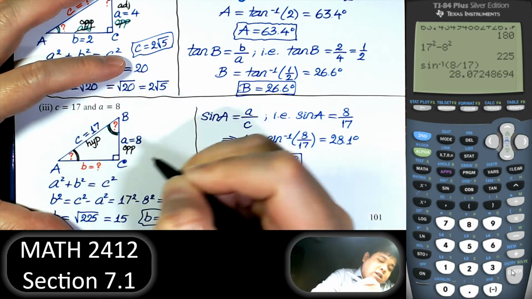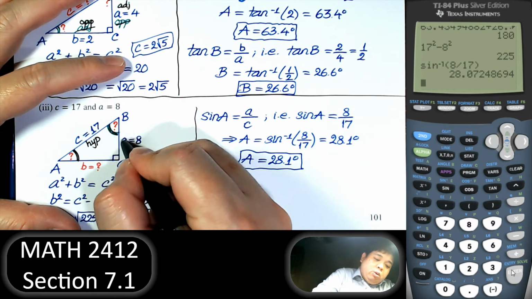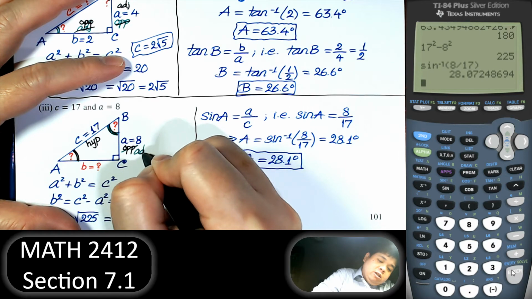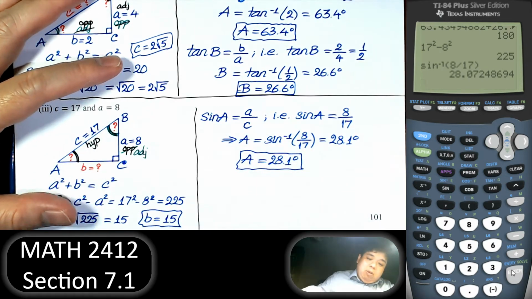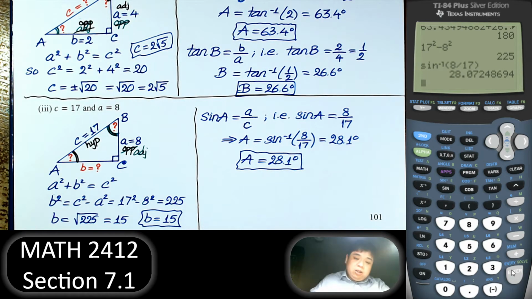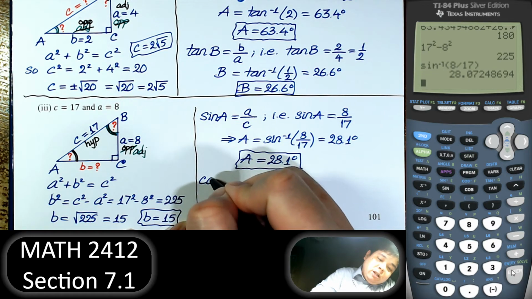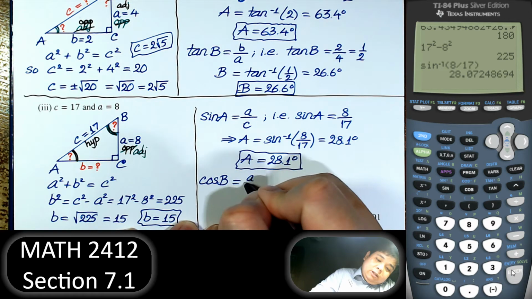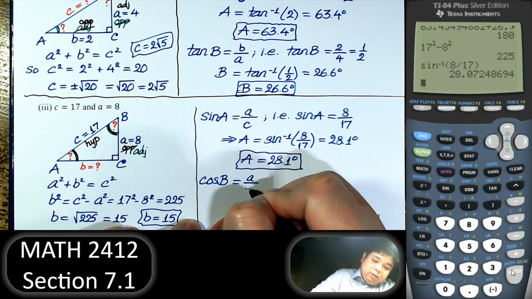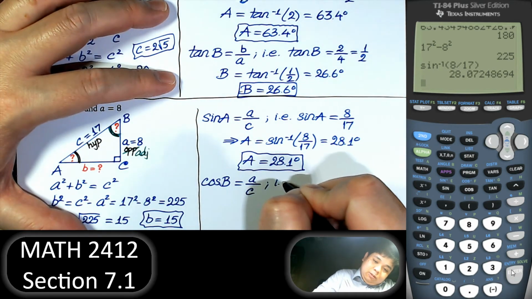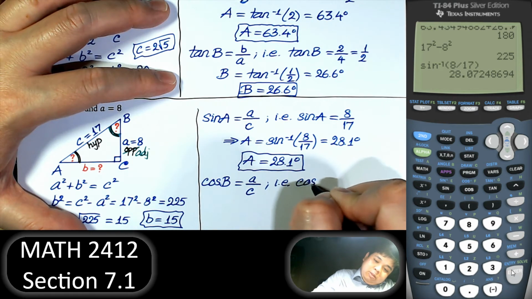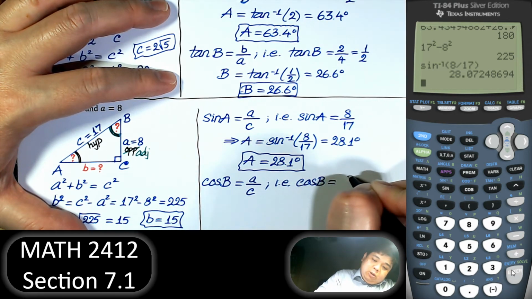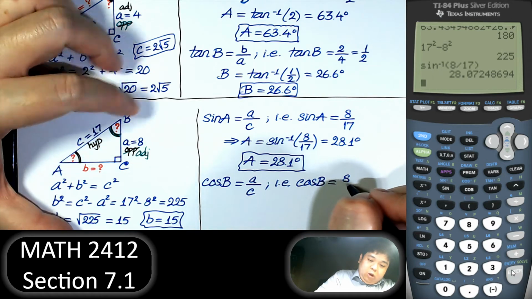With respect to this angle B, what we do know is this is adjacent, and that of course still hypotenuse. So adjacent over hypotenuse, that would be cosine. So cosine of B is equal to 8 over 17.